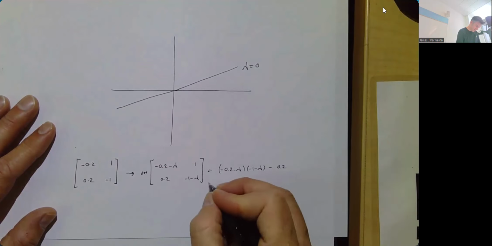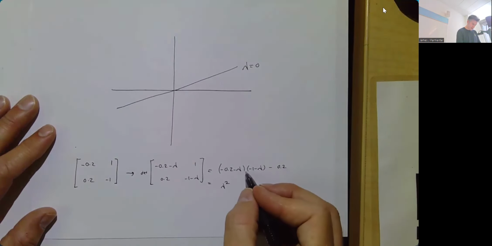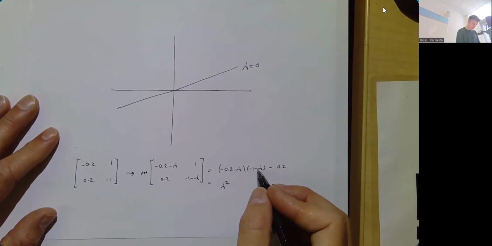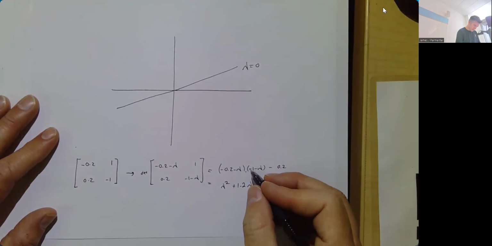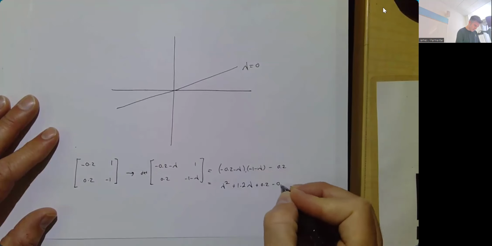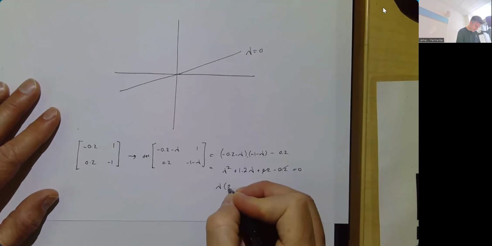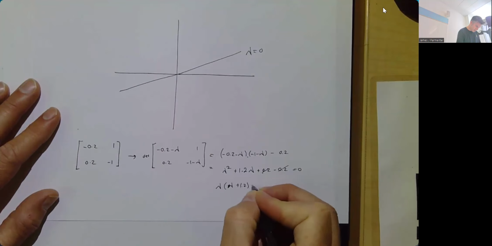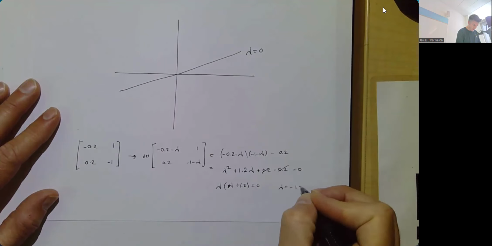If we do the whole thing here, I get a lambda squared, a plus lambda and a plus 0.2 lambda, so a plus 1.2 lambda, and then a plus 0.2 minus 0.2, those cancel. So you end up getting lambda times (lambda plus 1.2) equal to 0. So your other eigenvalue is negative 1.2.